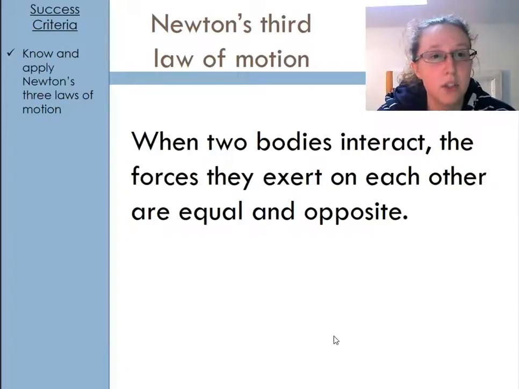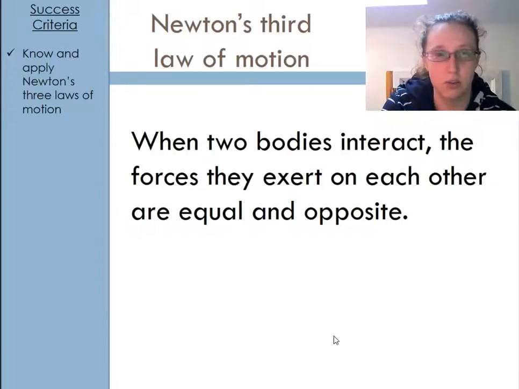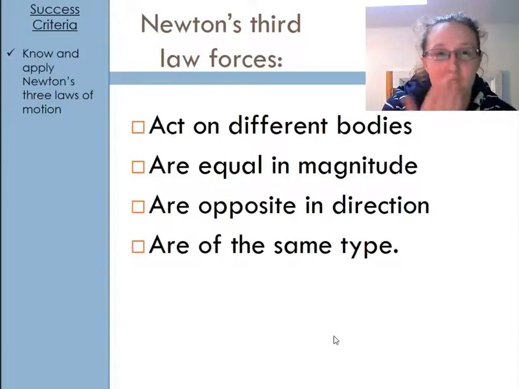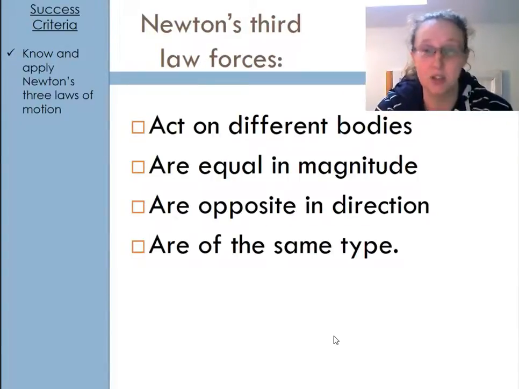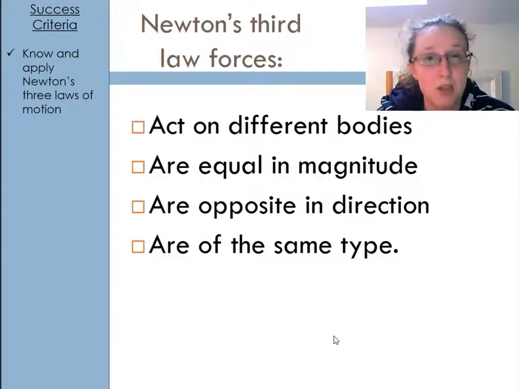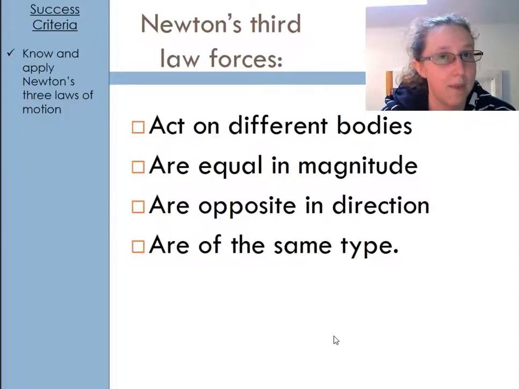Now, we often talk about Newton's third law force pairs. And those forces have to act on different bodies. They must be equal in magnitude, they must be opposite in direction, and they must be of the same type. So you could get asked, is this pair of forces a Newton's third law pair?